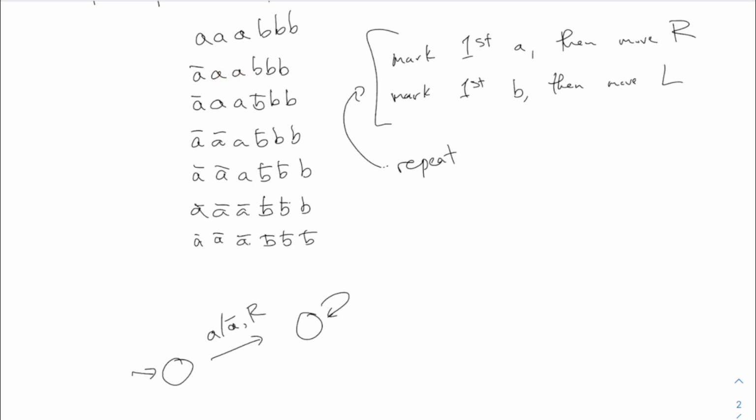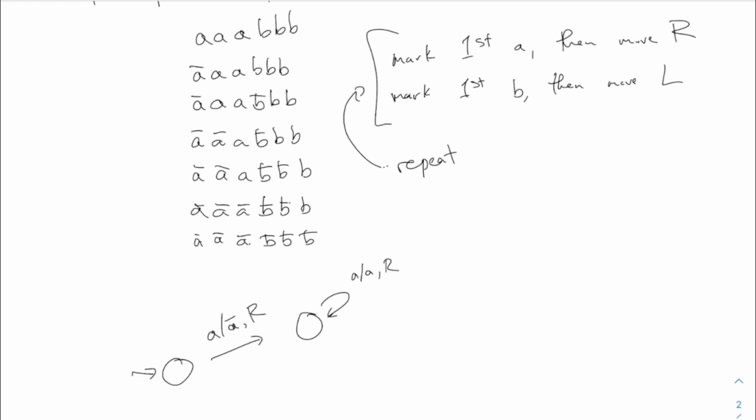All right, so I'm going to put A, A, R here. This means if you see other unmarked A's at this point, you should just pass them by. Really what I'm looking for is a B that's unmarked. Is there anything else I should perhaps be moving through at this point, passing by?